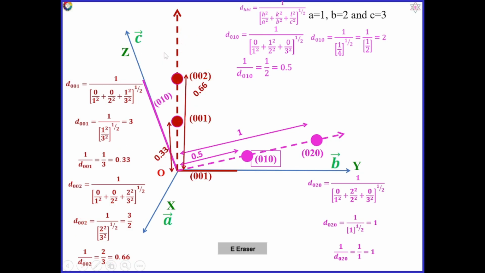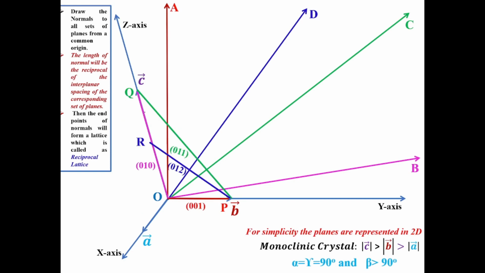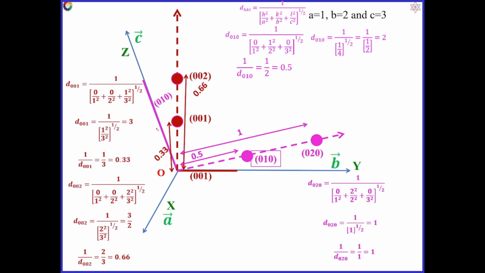Okay. Now we are going to consider the plane 0 1 0. Here you can see 0 1 0 means this plane. For the 0 1 0 plane we drew the normal along this side, that is your OB.